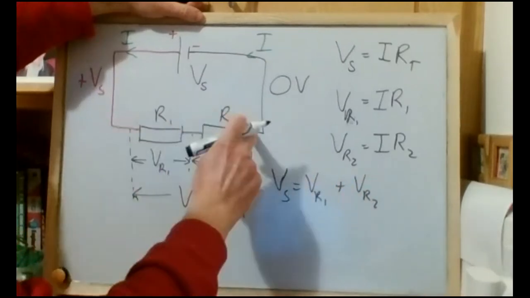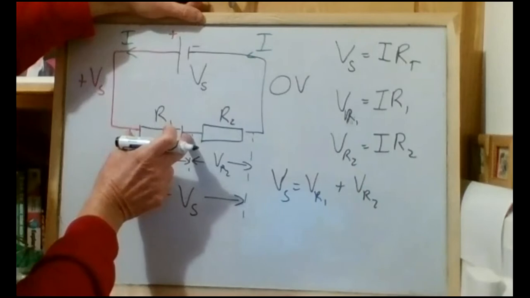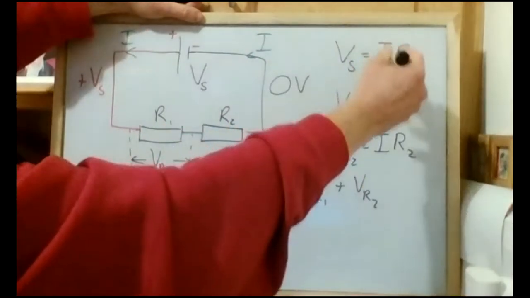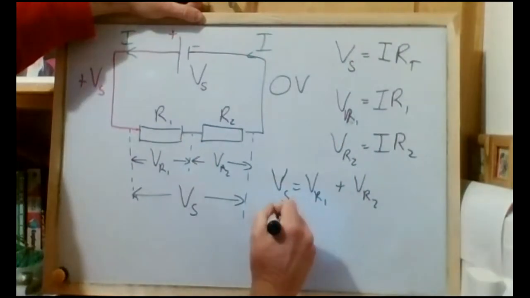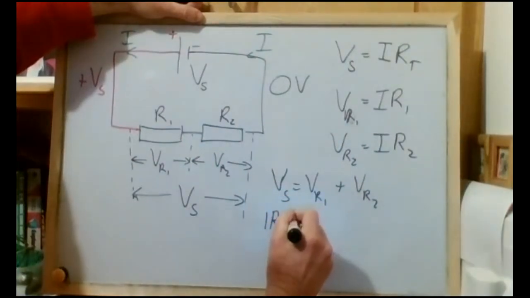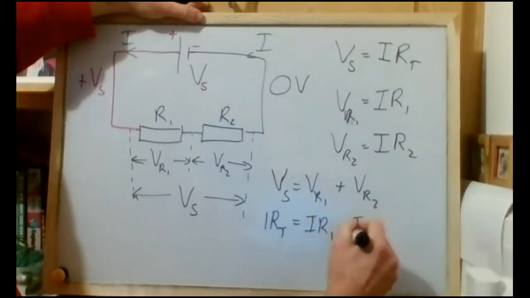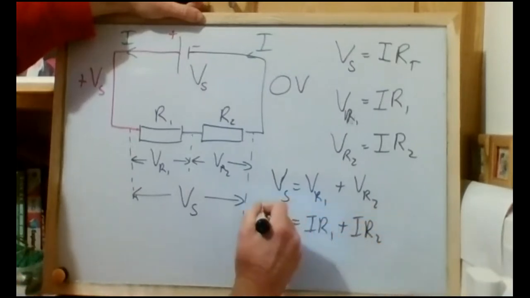So that's the total drop in potential. It's going to drop some there and the rest there. So that has to be true. But we've got equations for each of these. So that's I RT equals I R1 plus I R2.